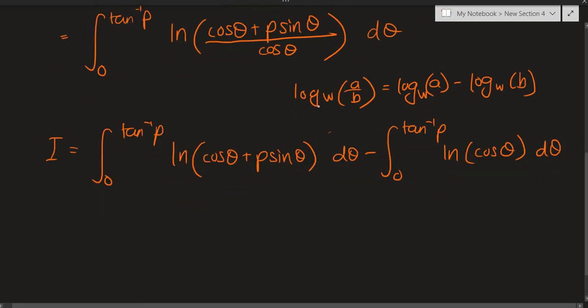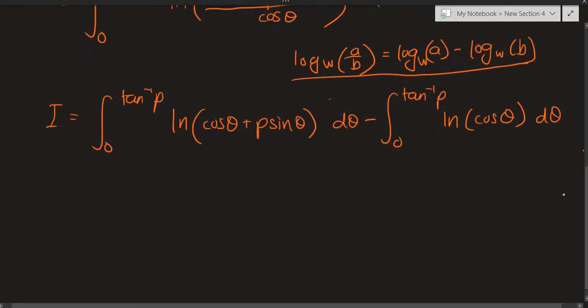So I've just used this identity and then taken the integral on both sides, because you can split an integral into two different integrals if you can write them as a difference or a sum, by the linearity of an integral.